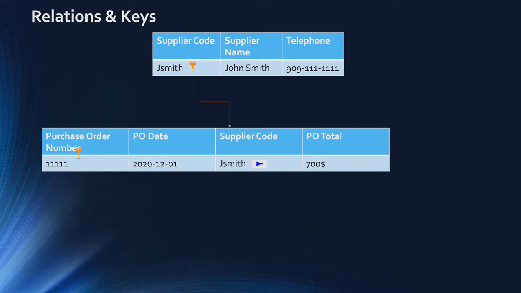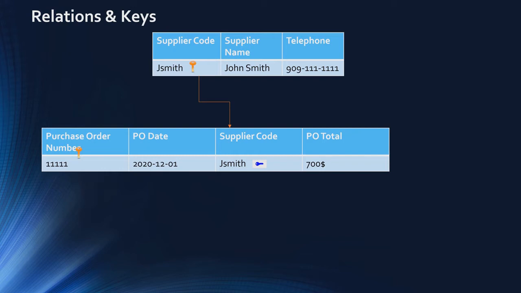So when we start linking two tables together, we try to link the foreign key of a table to the primary key of another table. So if I want to search all the purchase orders that I have requested from J. Smith, I would link the code J. Smith to all the records in the purchase order table for the supplier code.